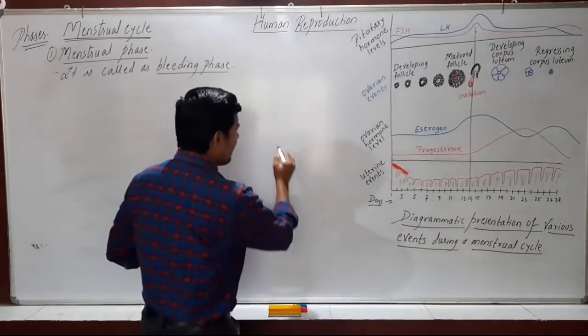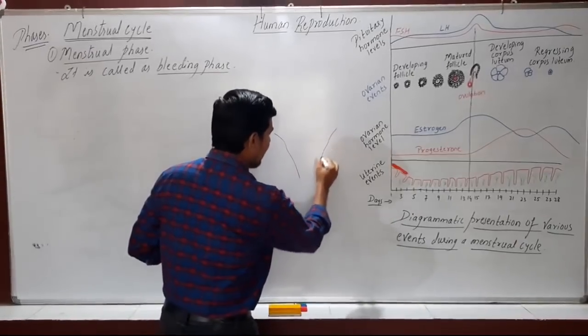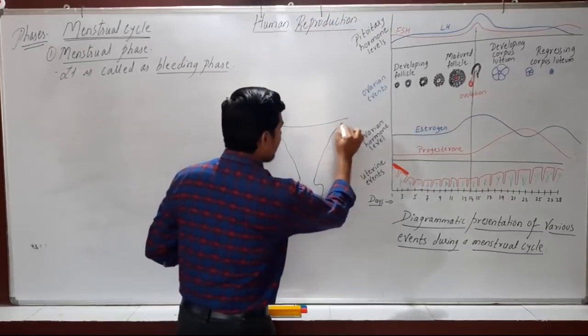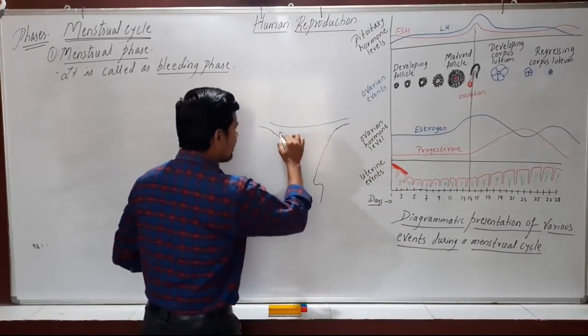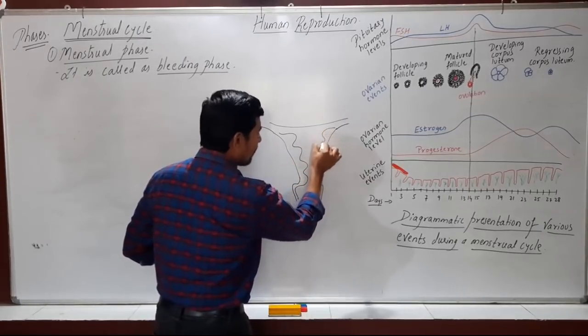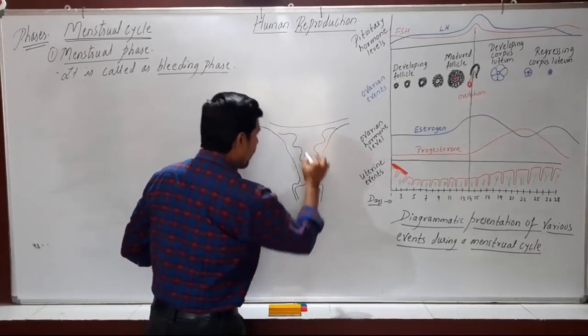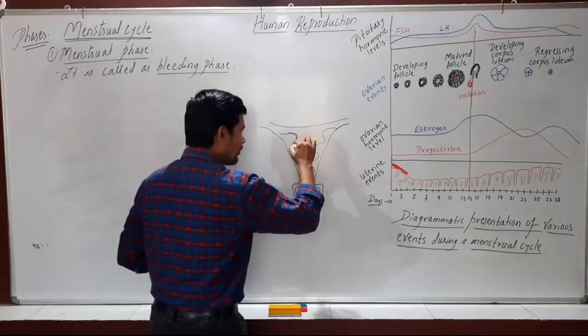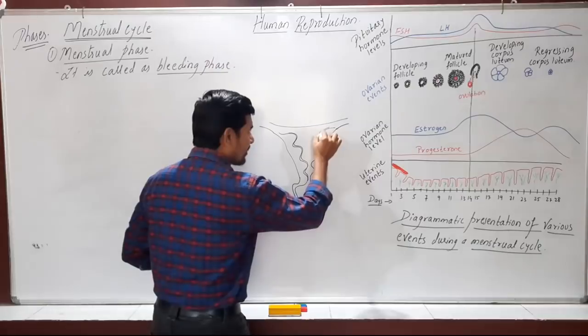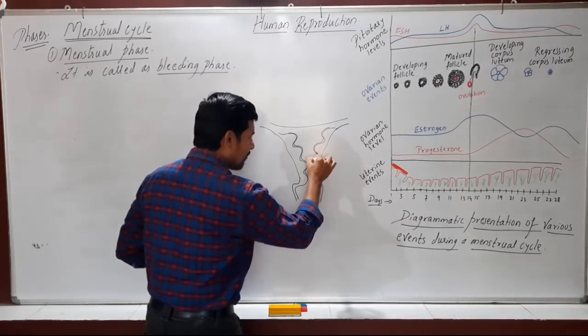Now, at a glance, in the female reproductive system, the inner side is lined by the endometrial wall. What you see here is the endometrium, the inner part of the uterus.